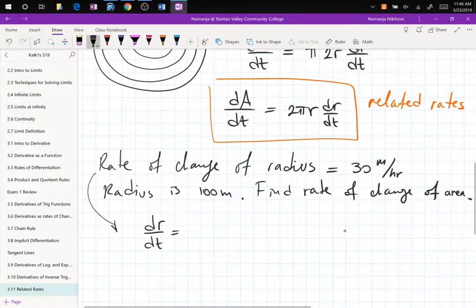All of this happens in time, clearly. So it's 30 meters per hour. Why did I write units? Well, units are the ones that help you figure out which one it is. What's the unit for area in terms of meters? Meter squared.